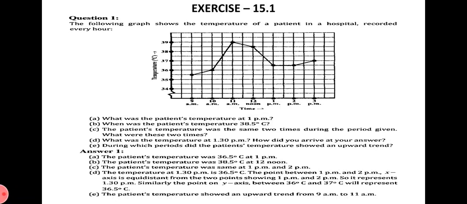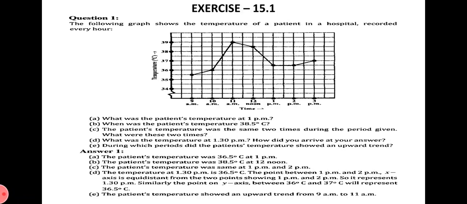Question number A is, what was the patient's temperature at 1 p.m.? Question number B, when was the patient's temperature 38.5 degree Celsius? Question number C, the patient's temperature was the same 2 times during the period given. What were these 2 times? Question number D, what was the temperature at 1:30 p.m.? How did you arrive at your answer?